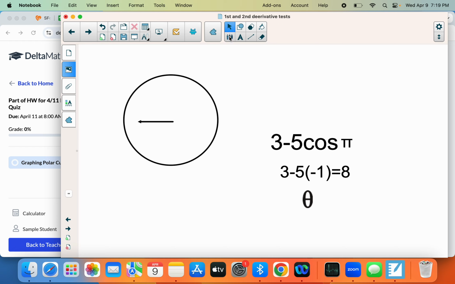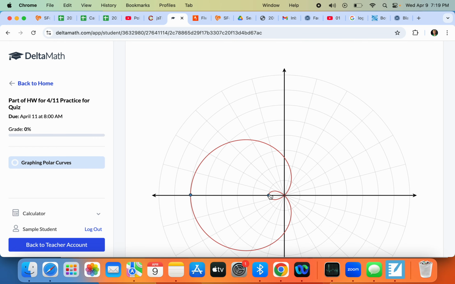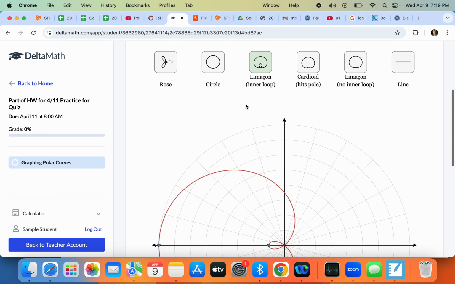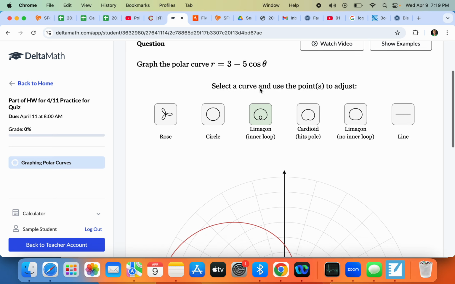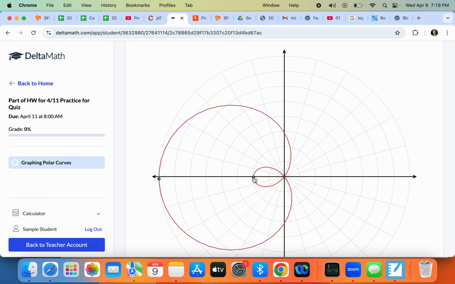I'm going to walk out 1, 2, 3, 4, 5, 6, 7, 8 units in that direction toward pi. So let's do that. I'm going to come 1, 2, 3, 4, 5, 6, 7, 8, and then this inside number is going to be 3 minus 5, so it's going to back up to 2.